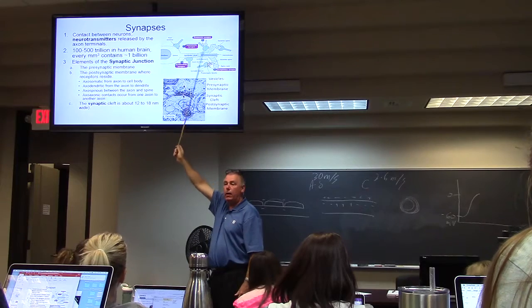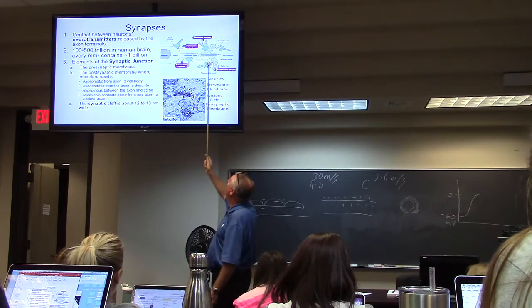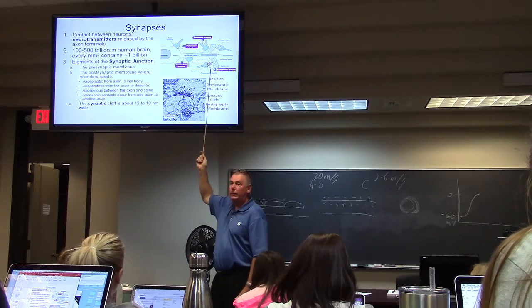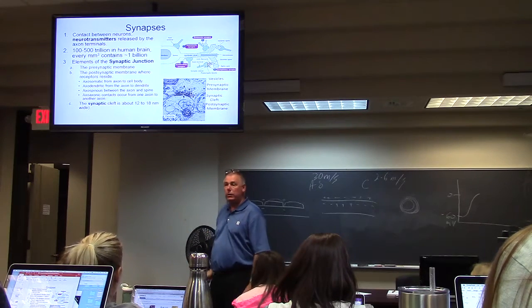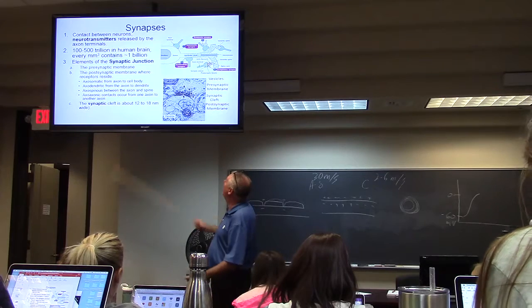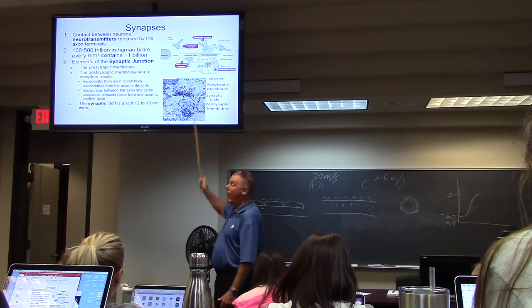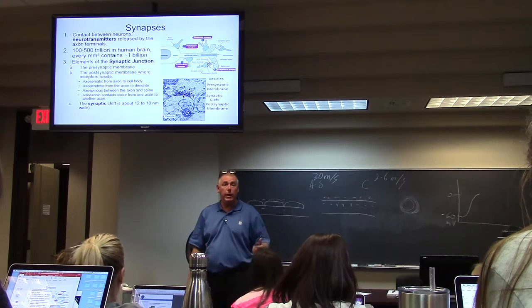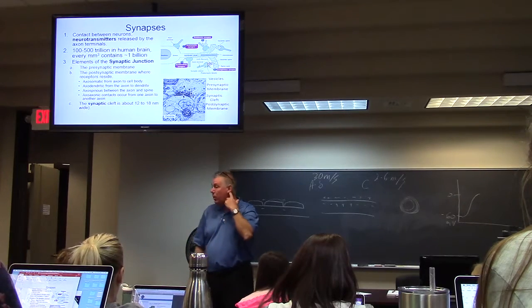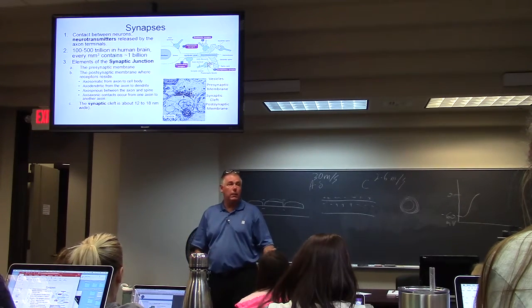They can occur on the dendrites. Dendrites sometimes have these little things called dendritic spines. They can occur there. They can occur actually on other axons. So you can have what's called an axo-axonic synapse.